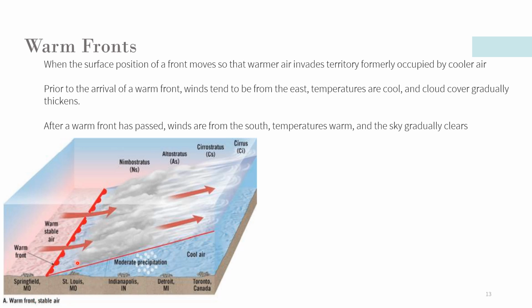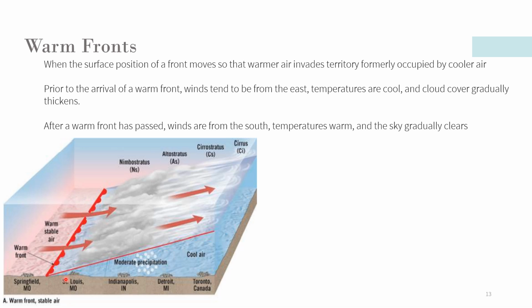To show this, here is an illustration of a warm front with stable air. It shows idealized clouds and weather associated with the warm front. The warm front is shown as a red line with red semicircles protruding into the area of cooler air.